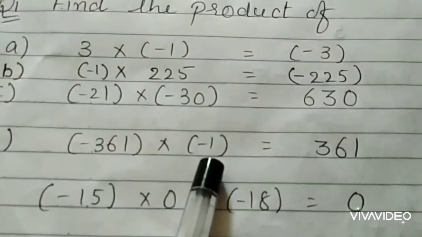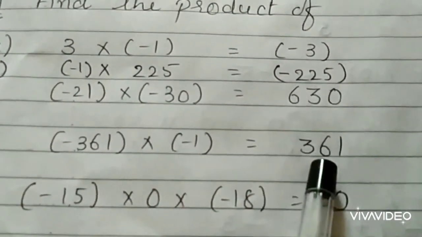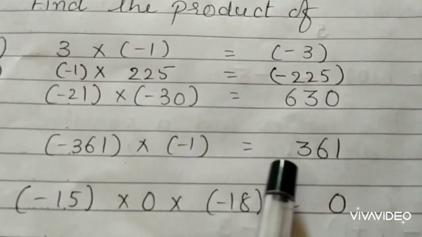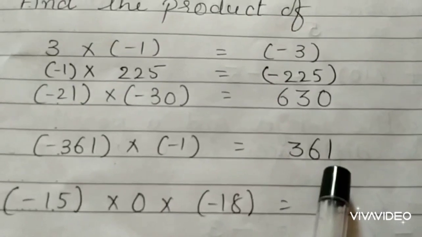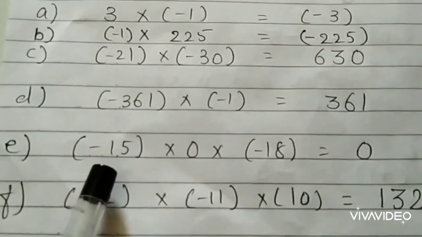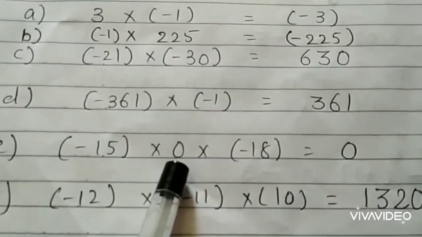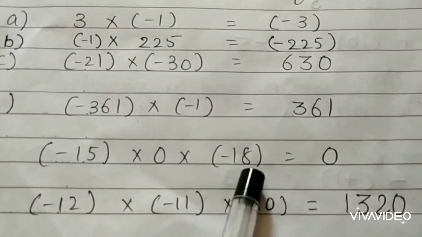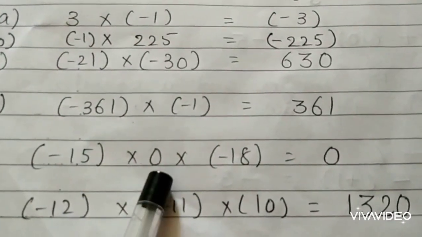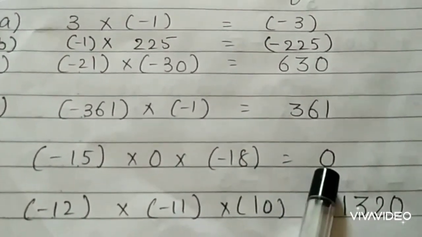Both are negative. Like signs, answer will be positive. Minus 361 multiplied by minus 1, answer will be 361. Another one is minus 15 multiplied by 0 multiplied by minus 18. As we know, if we multiply any number by 0, then our answer will be 0.